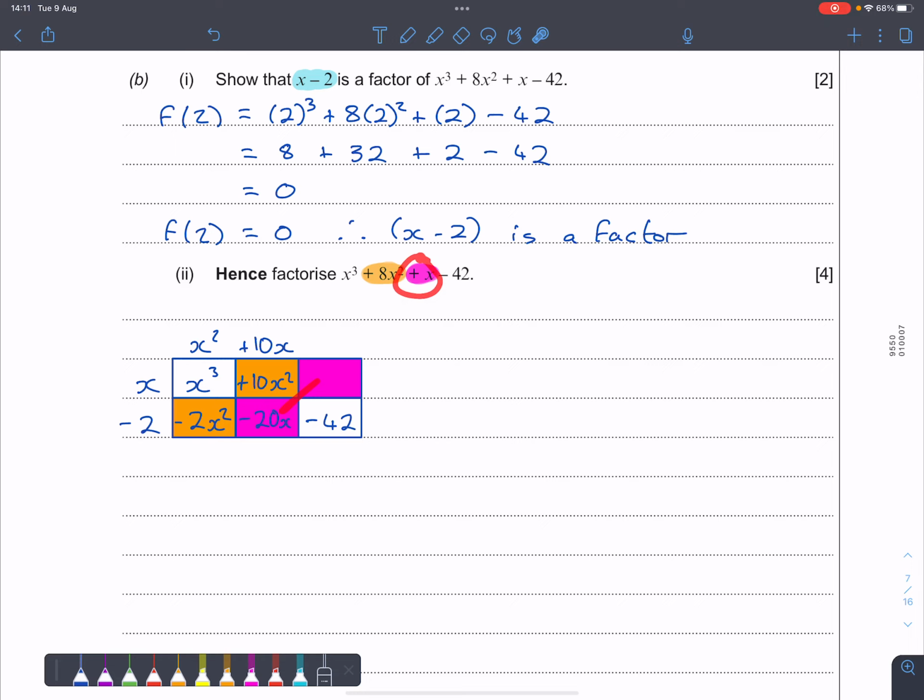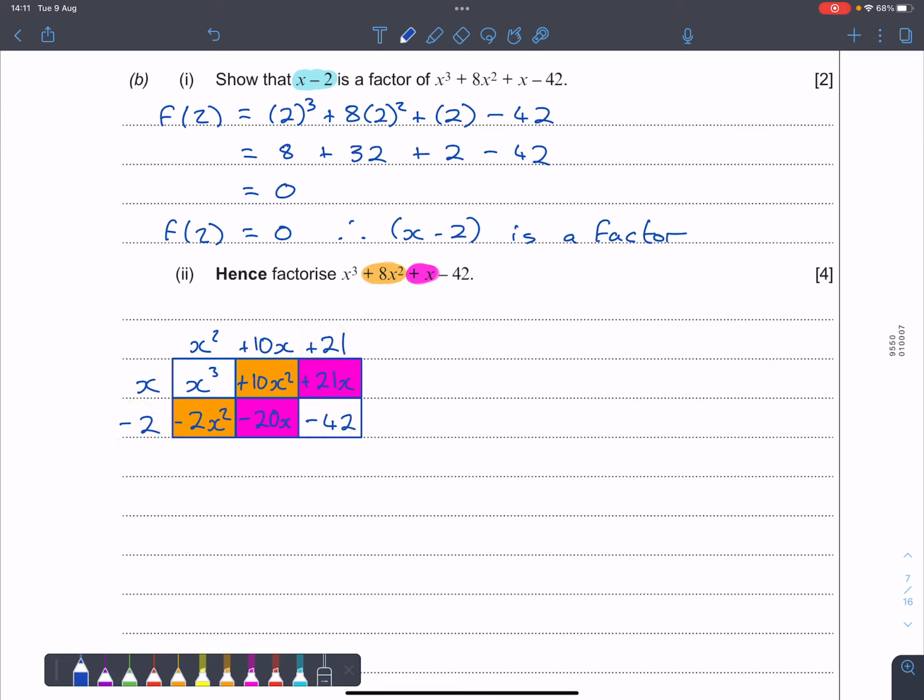At the moment I've got negative 20, so I need to add another 21 x's. And then I go again: x times something is 21x, well, that's going to be plus 21. And as a double check, negative 2 times 21 is negative 42. So my first step is done.